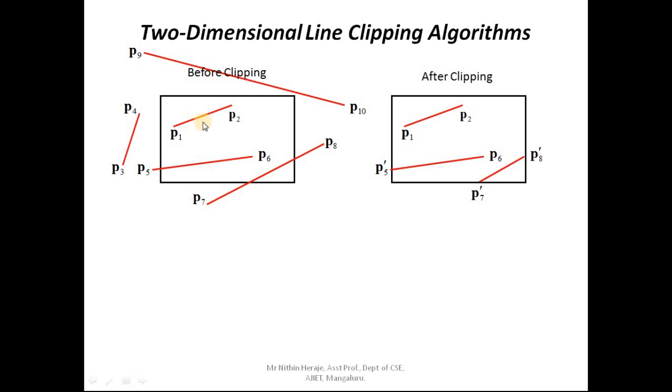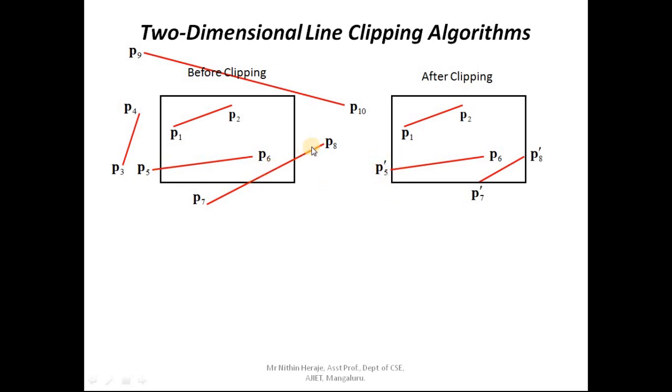P1P2 is completely inside, so we can view the complete line. Looking at P6 and P5, part of the line segment is outside the clipping window, so we can view only up to a certain point, P6 to this point, not up to P5. The new point we call P5 dash.